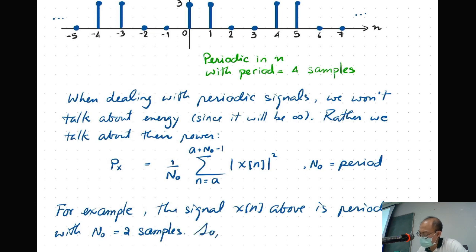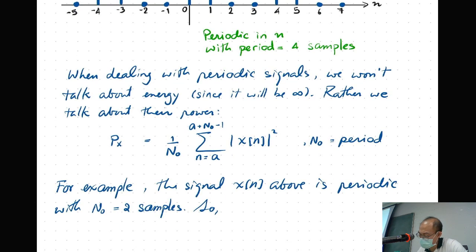So the power of that signal would be 1 over 2, right?